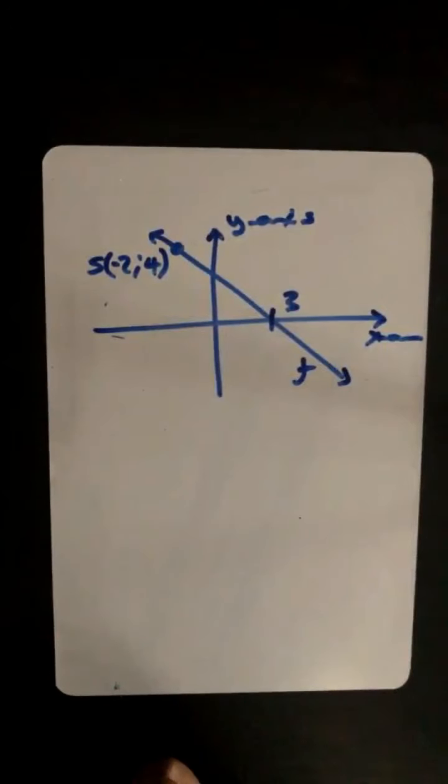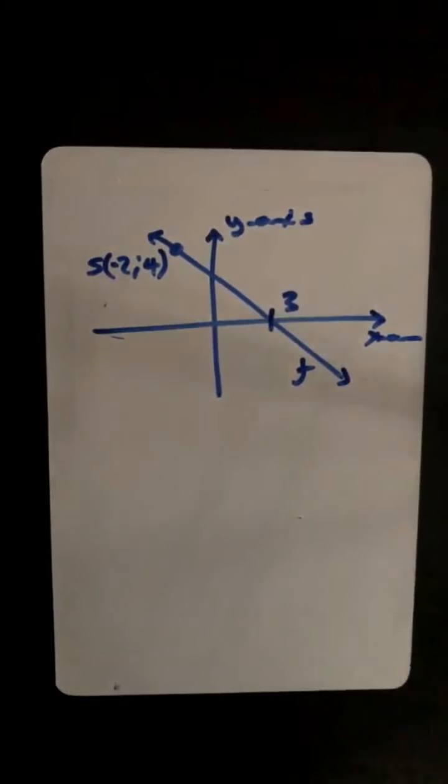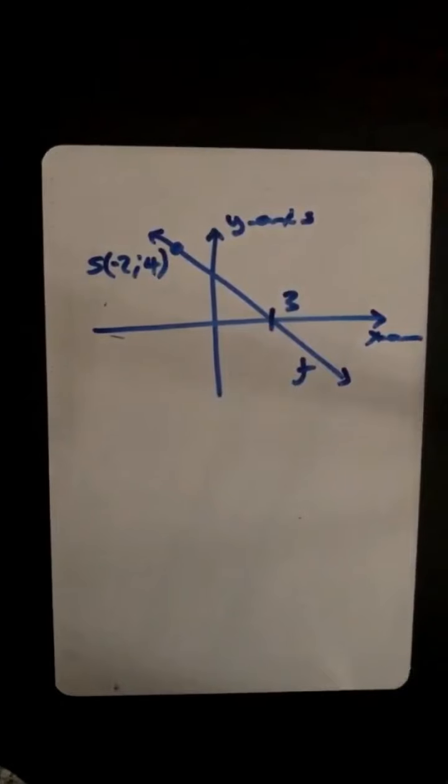So here come questions, guys. Are we having a positive or a negative gradient? And again, what can you say about the C value? Tabelo, sir.